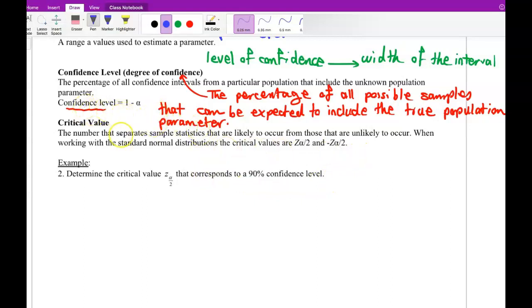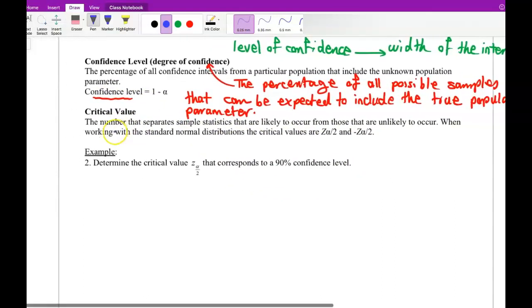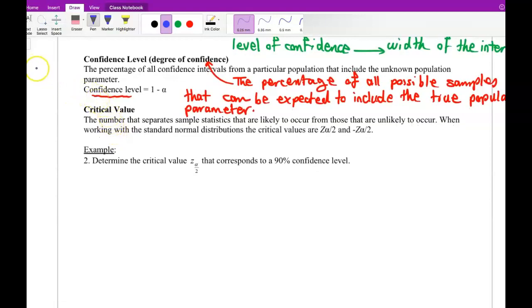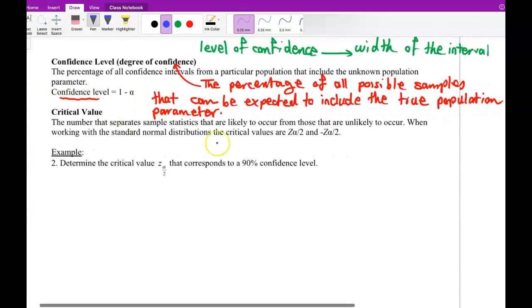For this part, the typical levels that we usually use are 90%, 95%, 99%. Let me write that here.